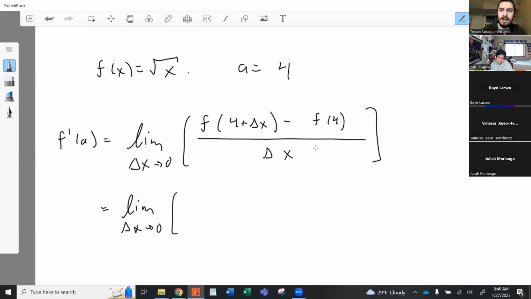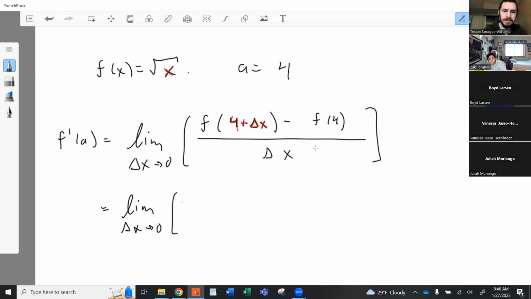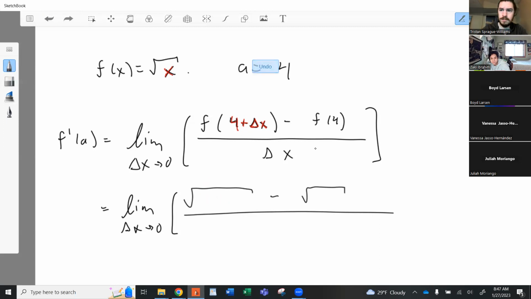And then you've got your 4 plus delta x, which needs to go in here, right? So what I'm going to do is write the square root of blank minus the square root of blank. And in this first blank, I put 4 plus delta x. And in this second blank, I'll put 4.